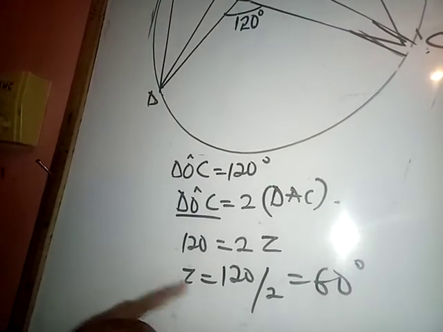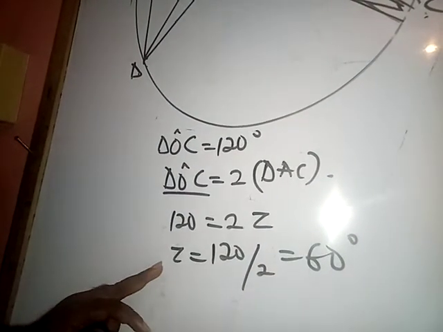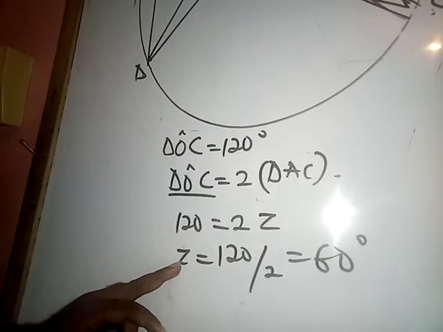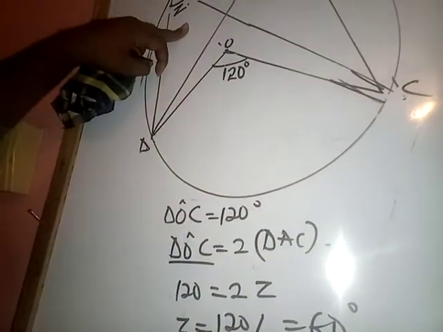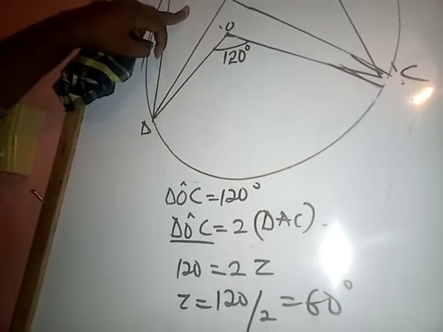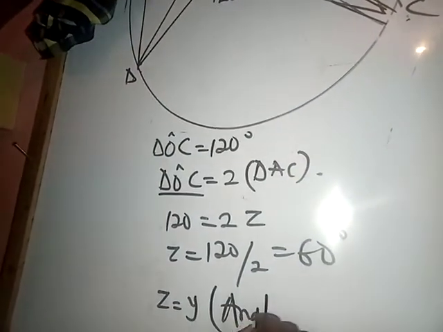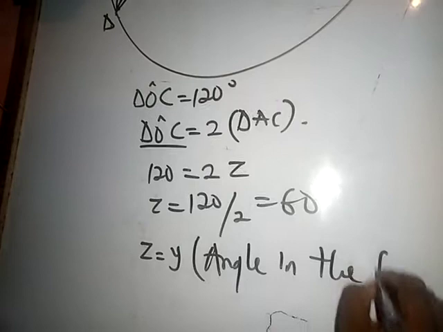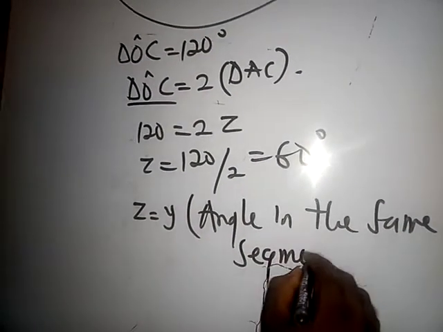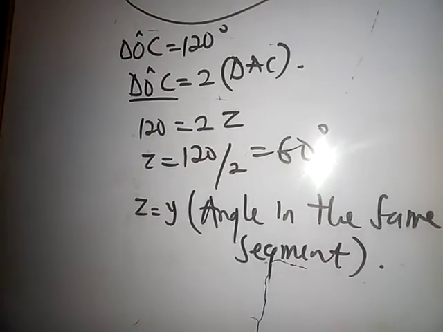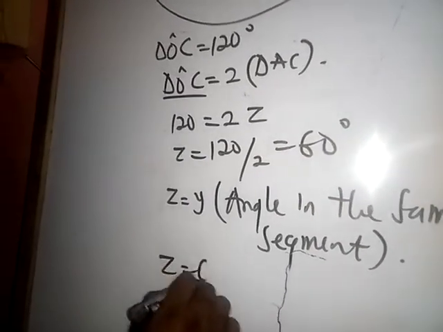If Z is 60, that means Y is 60. Z is equal to Y, angles in the same segment. So Z is equal to 60.